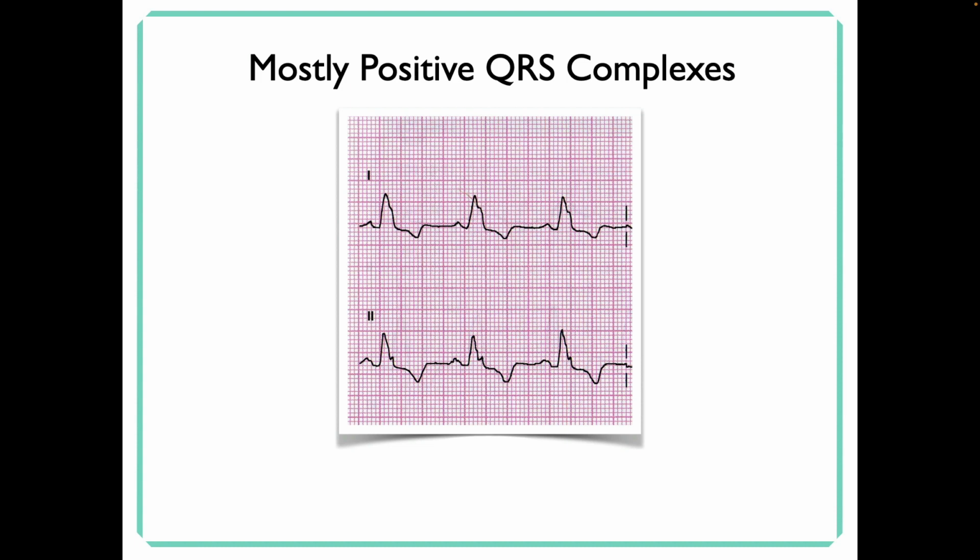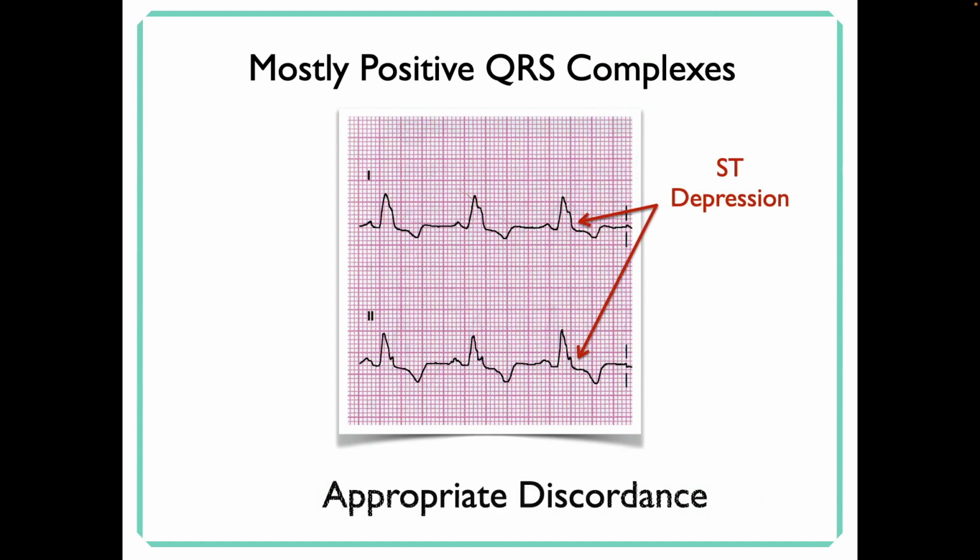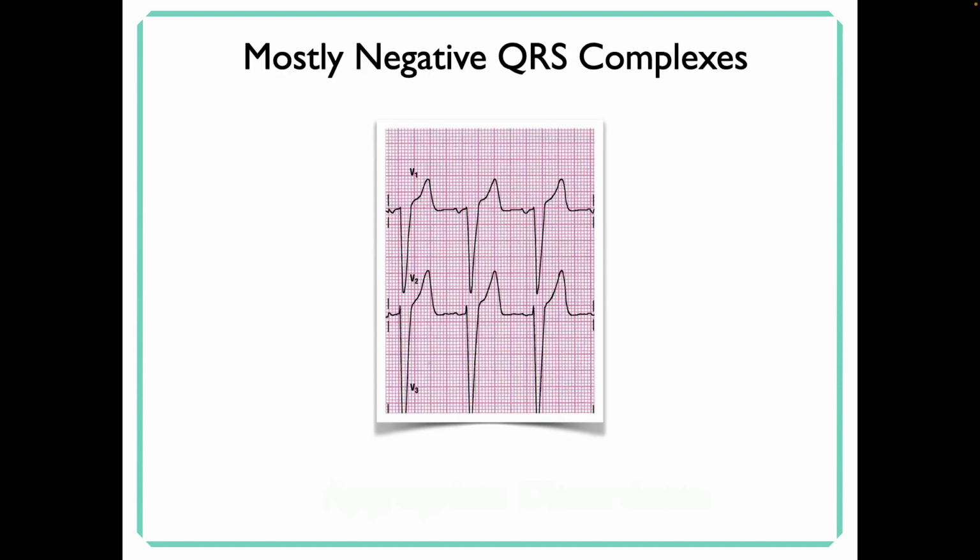Now we're going to see, do we have the rule of appropriate discordance? Yeah, because we have a positive QRS, a little bit of ST depression, so the J point is below the isoelectric line, and the T wave is inverted. Same thing here. So that's appropriate discordance. That's what we expect to see.